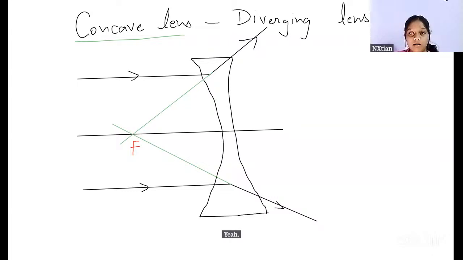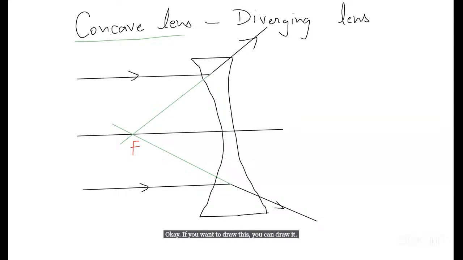Okay. If you want to draw this, you can draw it. So it's clear, ma'am. But I have this question, ma'am. Yes, Abraham. Will a magnifying glass lens be concave or convex?